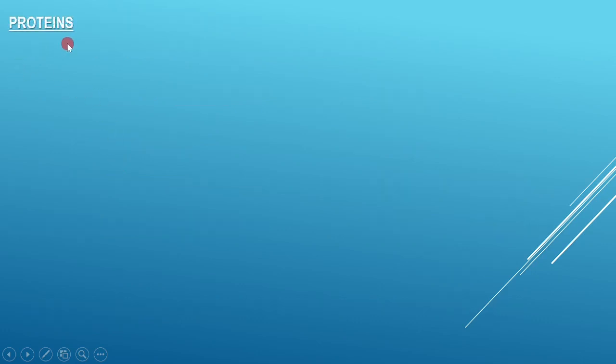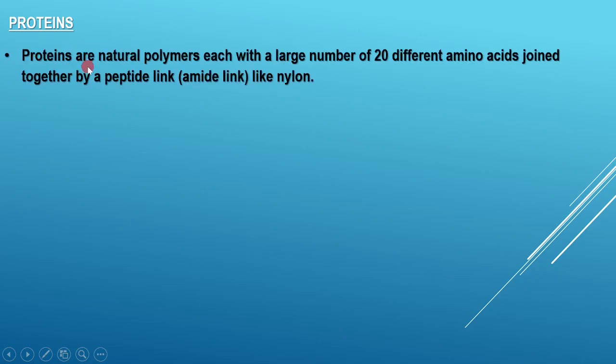Proteins are another type of natural polymers. Here we must understand that proteins are natural polymers, each with a large number of 20 different amino acids joined together by peptide link or amide link like nylon. Very clear.